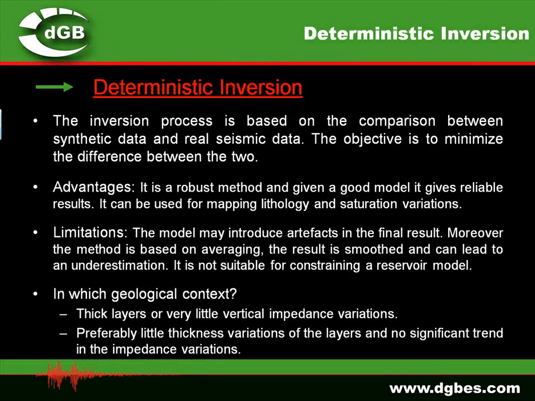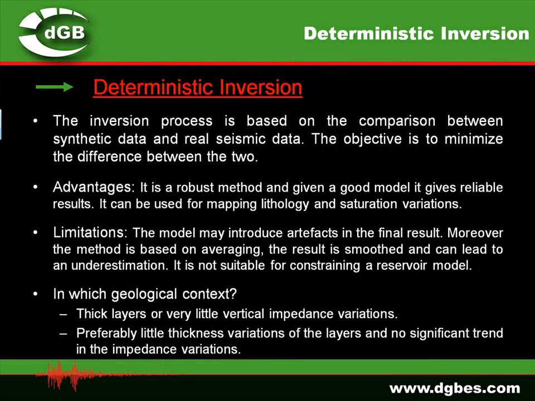The limitations are that as it's model dependent, if the model goes wrong, then the final inversion will be wrong, or won't be as good as expected. Another thing is that it will tend to underestimate the impedance value, so it cannot be used as a model, as it won't give the right value, so it will not give an accurate constraint.